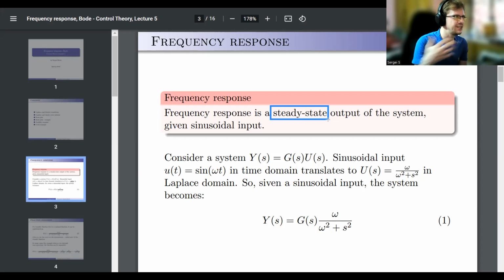After all the transient processes are over, so transient meaning transitional, right? Like the processes that had to happen before we could achieve the final unchanging behavior of the system.